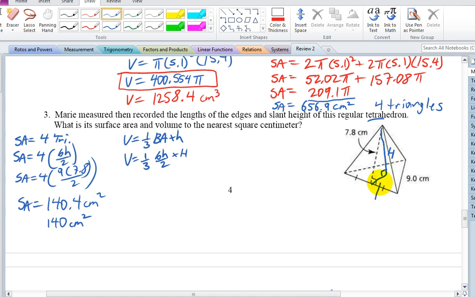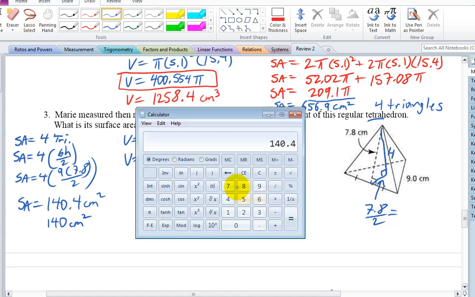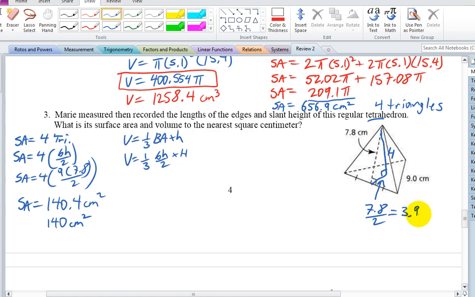This number at the bottom, that's going to be 7.8 divided by 2 because you're right in the middle of that height. So that equals 3.9 centimeters. Okay.